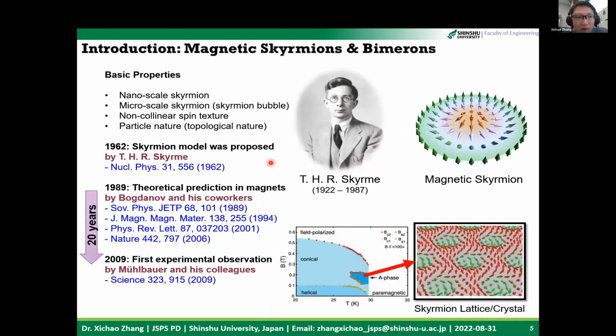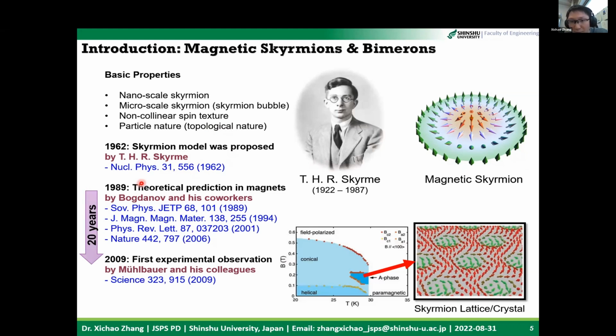So generally speaking, the magnetic skyrmion is a nanoscale or microscale non-collinear spin texture. The skyrmion carries some topological information and can be regarded as a quasi-particle due to its topological nature. The concept of skyrmion was initially proposed by Tony Skyrme 60 years ago in the field of nuclear physics.